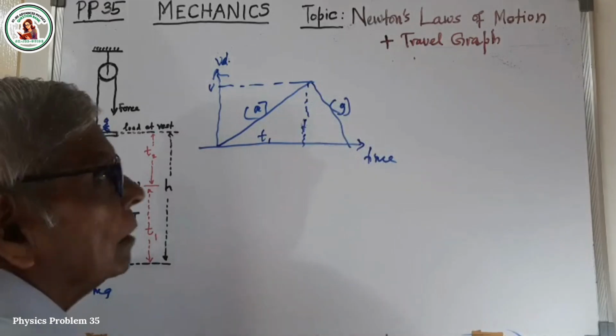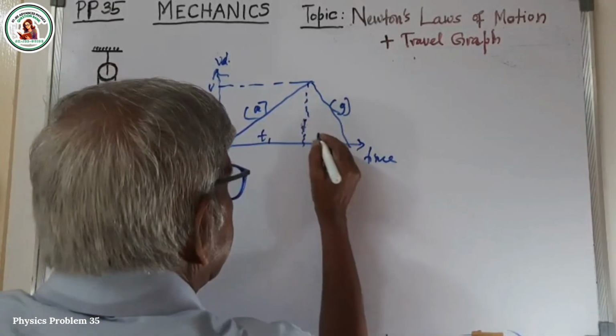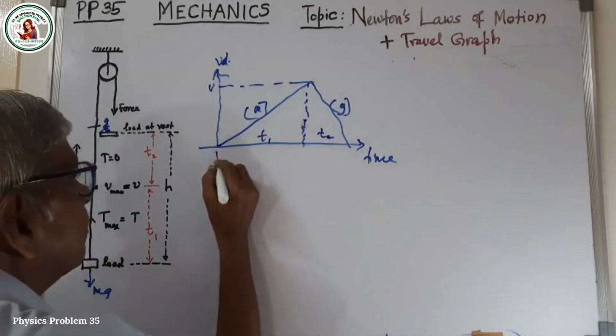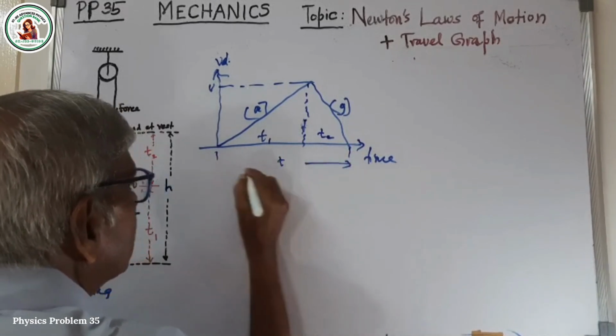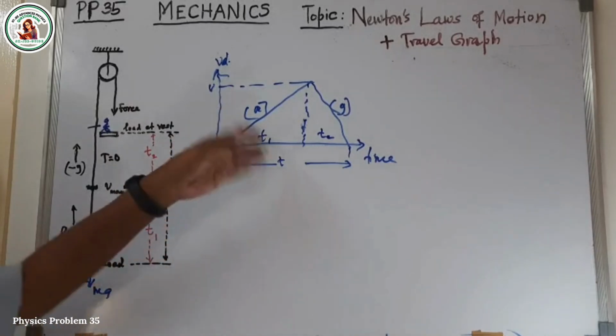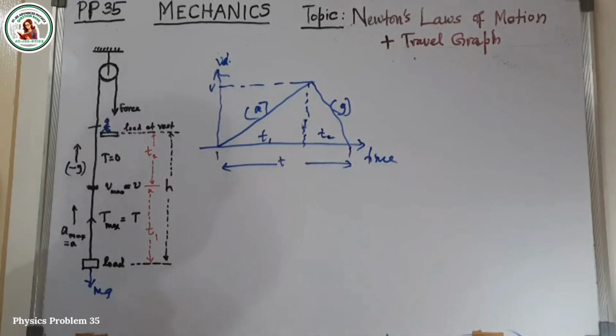After the force is stopped, it goes under retardation g for time t2. So t1 plus t2 is the total time t, which is what we want to minimize.